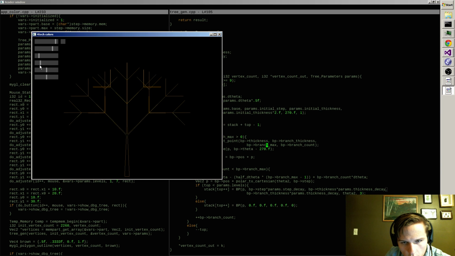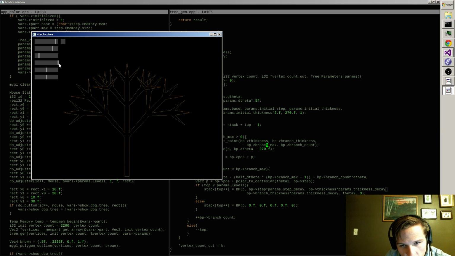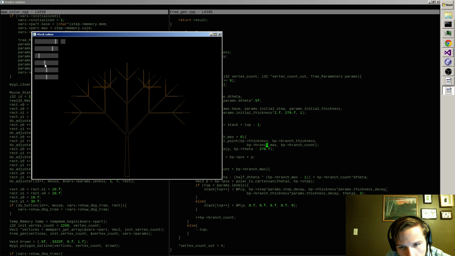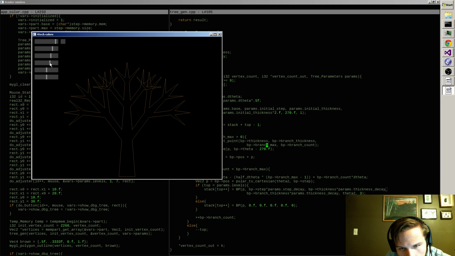Okay, that's more reasonable. It's not amazing, but there, the thickness stays the same throughout the whole tree. Here, the thickness is getting less and less throughout the whole tree. And if I start with more initial thickness, I can decay more. Haha, that is kind of neat.